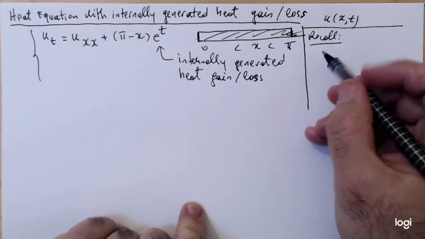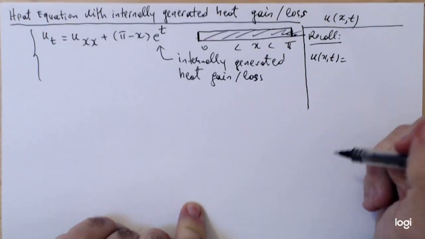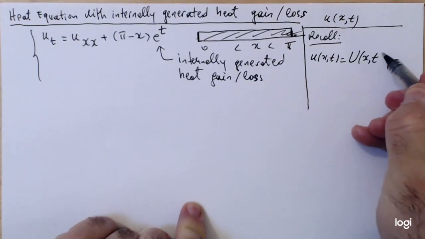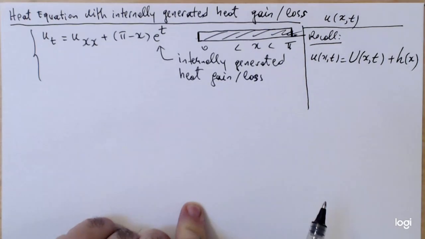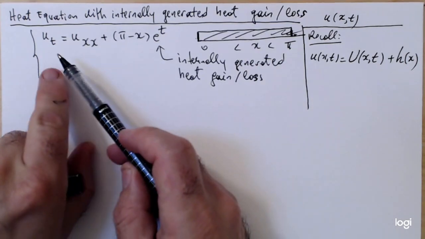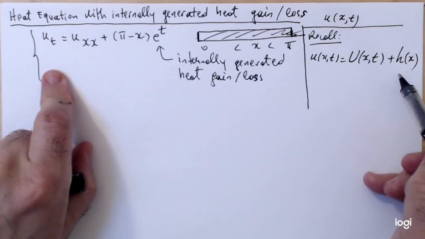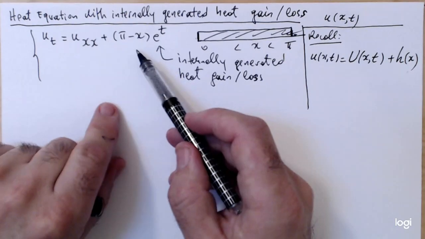In other words, you would write your original dependent variable in terms of a new dependent variable, big U of x, t, plus some function of x only. So that would work in that case because you could pass the non-homogeneous terms, if you remember, to h of x. Again, provided that the non-homogeneous terms were dependent on x only.